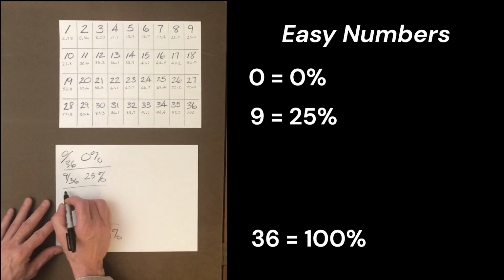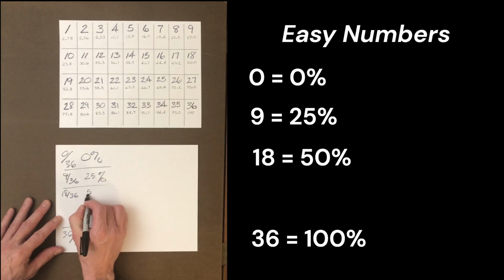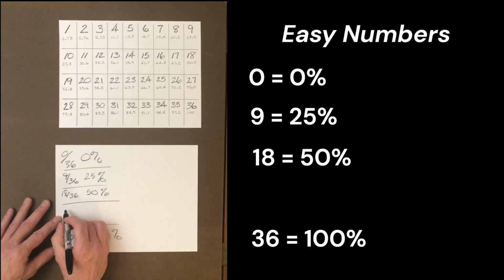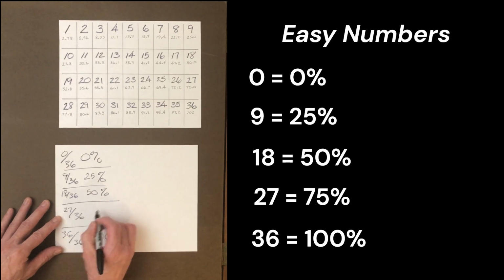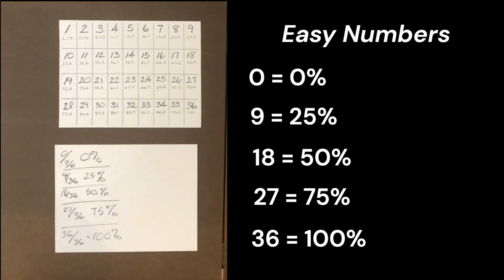That's easy. 18 out of 36 is 50%. And 27 out of 36 is 75%. Now these are spot on numbers, and these are pretty easy. 36 divided by 4, 36 divided by 2. Same thing with 27, it's one of the multiples of 9.